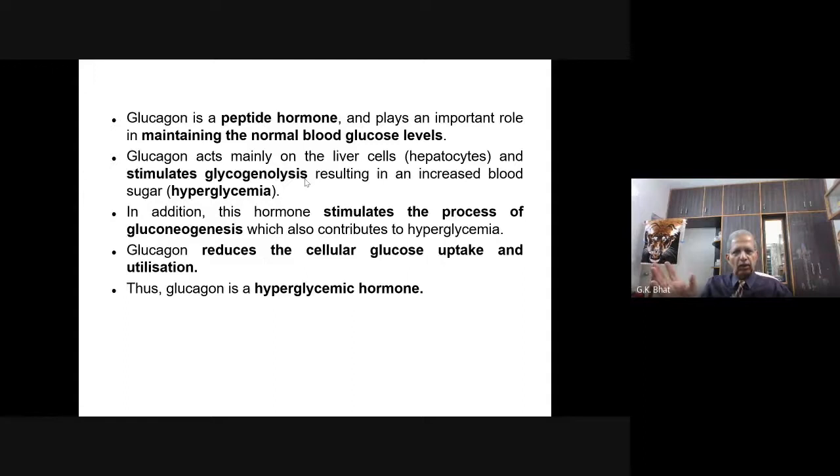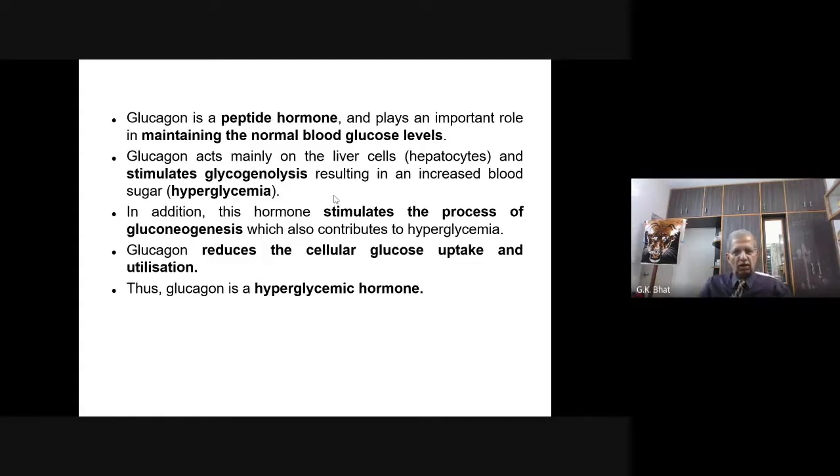So, whenever our body finds there is less glucose in the blood, glycogenolysis takes place. Glucagon acts mainly on the liver cells and stimulates glycogenolysis, resulting in increased blood sugar, hyperglycemia. Whenever the glycogen is broken down, the glucose level increases in the blood, and this increased blood sugar level is called hyperglycemia.